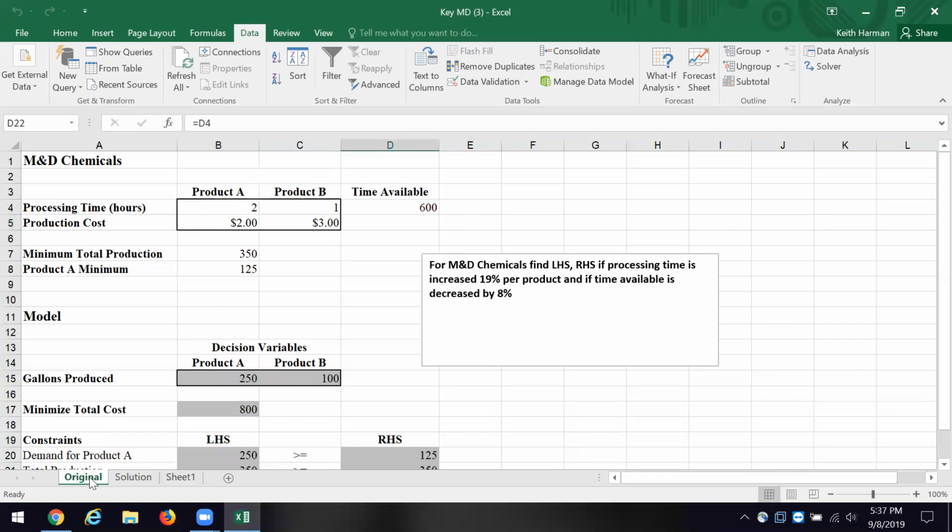This is on a per unit basis. It takes me 2 hours to make product A, and the production cost is $2. Well, it's $4. Now I'm talking about 2.38 hours times $2. Time is money. The same story over here with product B.